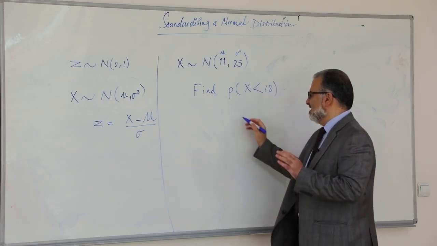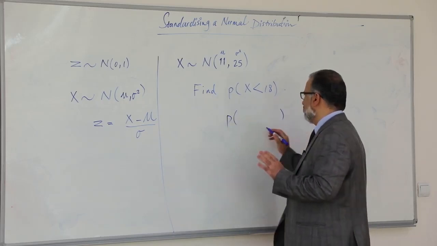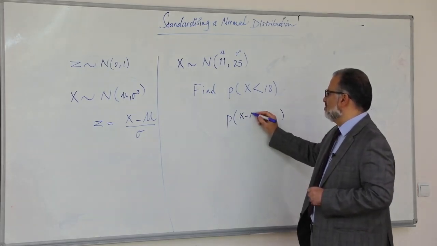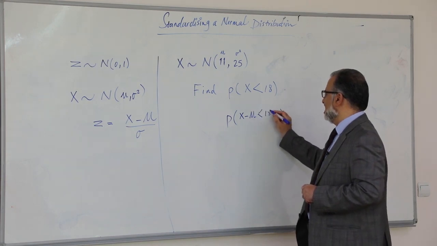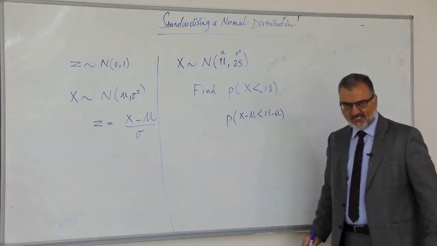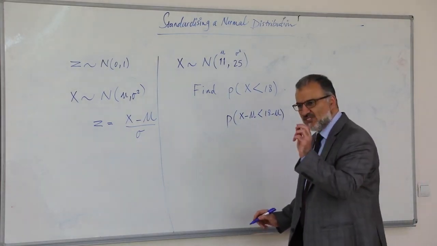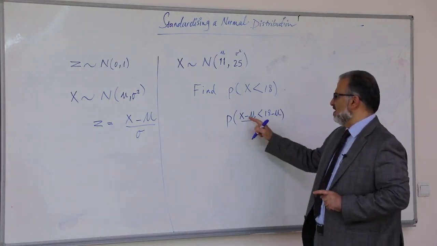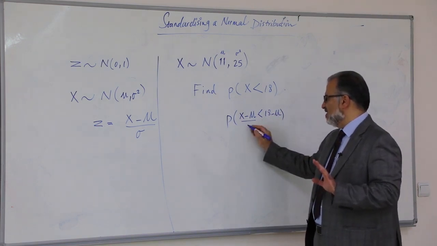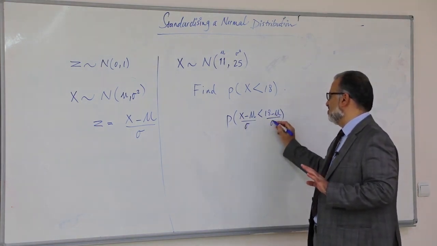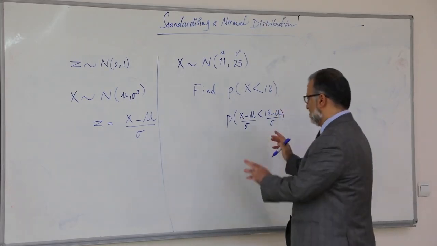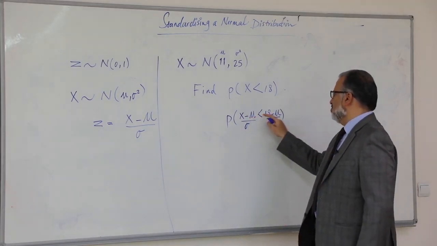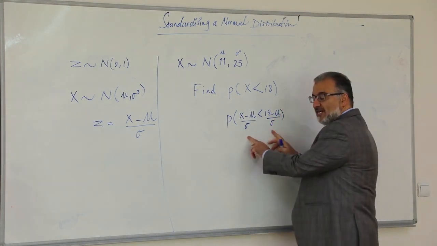How to do that? For the first example, I just want to show you mathematically. Take minus mu from both sides, then divide both sides by sigma. We are subtracting, so we keep the direction as it is, and sigma is a positive value, so we are not going to change the direction either.